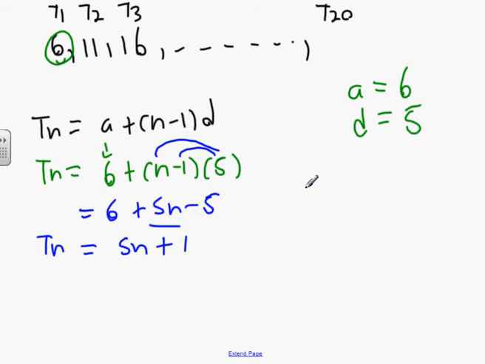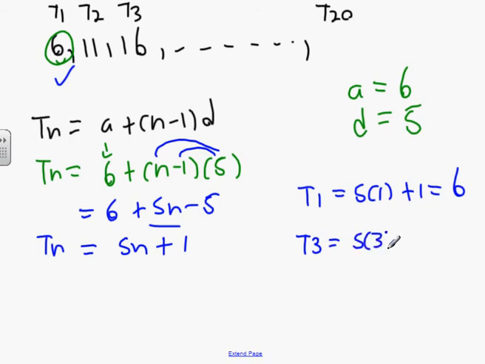If I want to find out T1, what do I do with n? Sub 1 in for n. 5 times 1 plus 1? 6. Exactly. If I want to find T3, 5 times 3 plus 1 gets me 16. 16 is what it was in the first place.